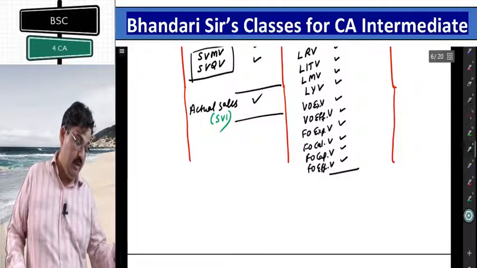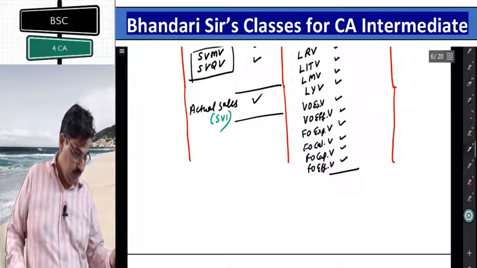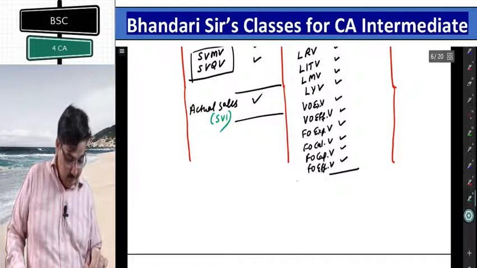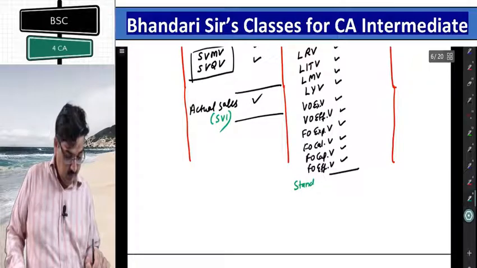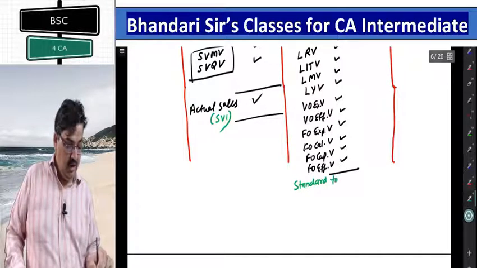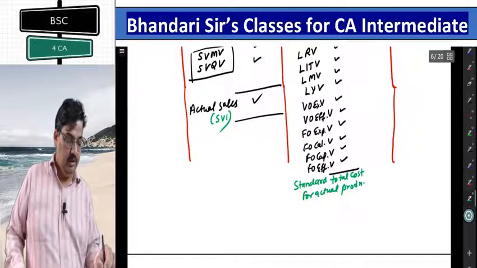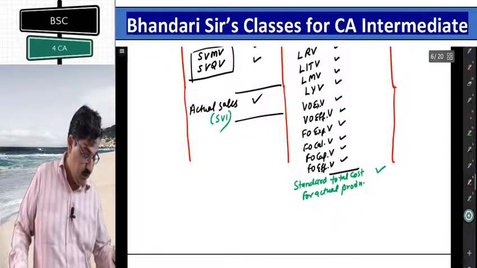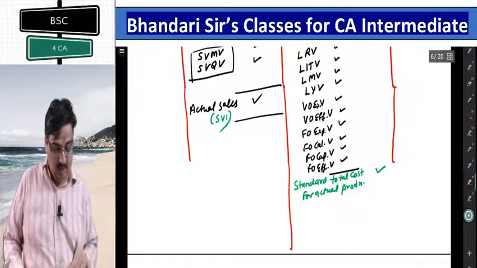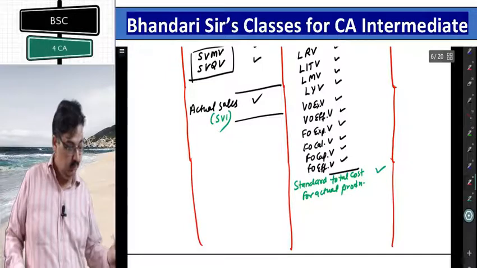What will be the result? That is very interesting. The result will be standard total cost for actual production. The result will not be budgeted cost, the result will be standard cost for actual production.